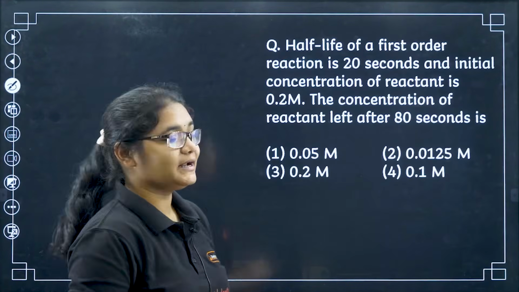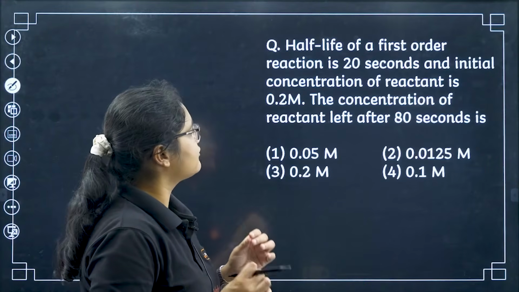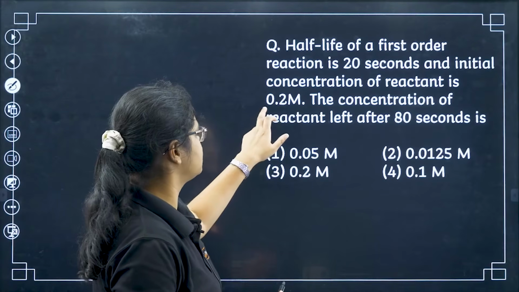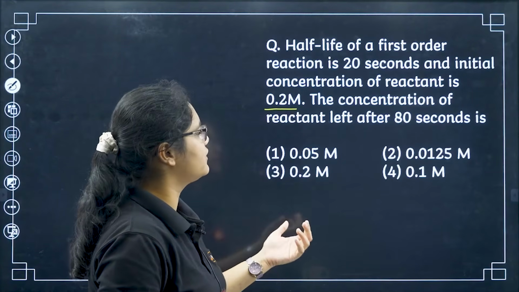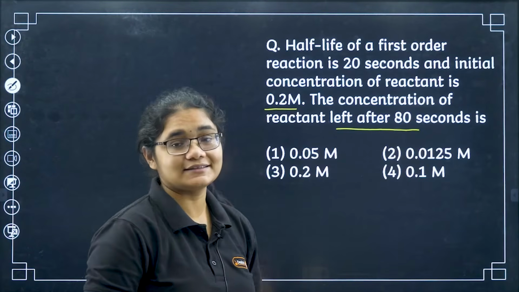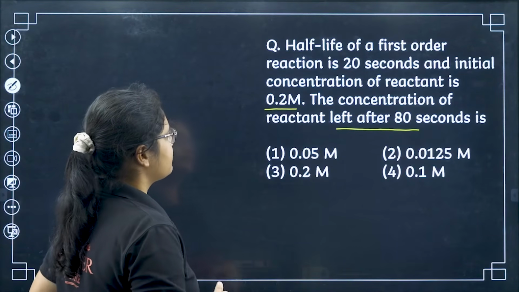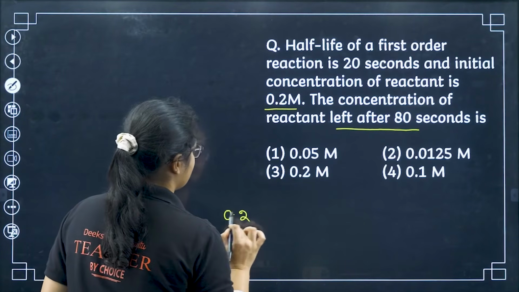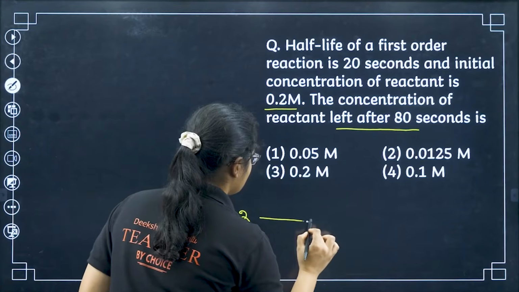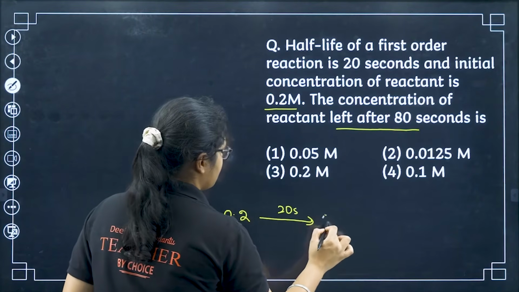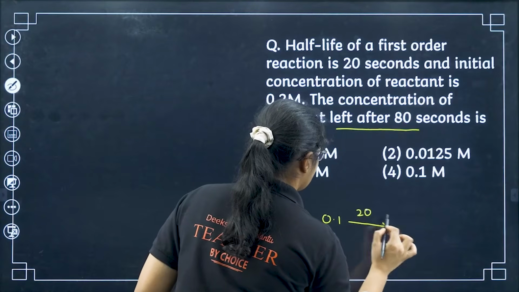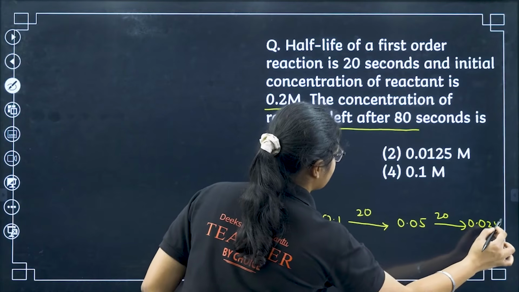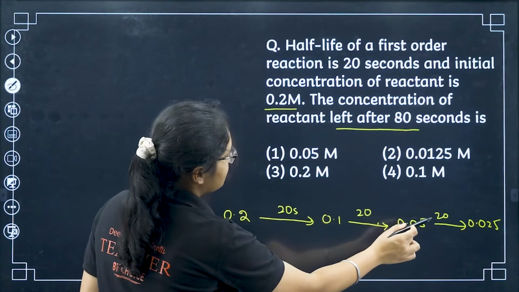Now moving to the next question: the half-life of a first order reaction is 20 seconds and the initial concentration of the reactant is 0.2 molar. The concentration of the reactant left after 80 seconds is? After 20 seconds it would have become 0.1, again after 20 it would be 0.05, and again after 20 it would be 0.025.